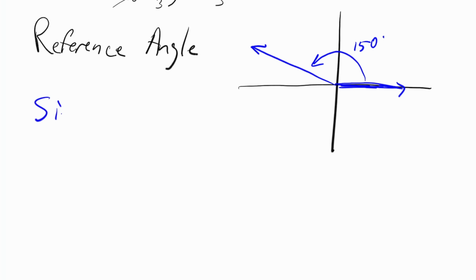Let's do the sine first. How can we get the sine of 150 degrees? Today we've gotten the sine of 30 degrees and the sine of 60 degrees. We made that whole chart, right? How would we get the sine of 150?